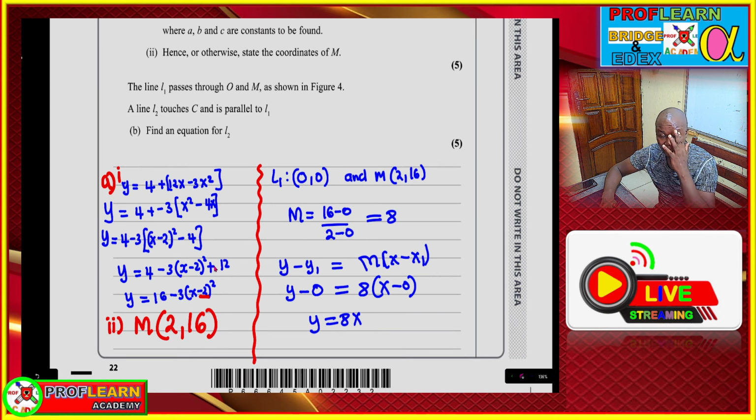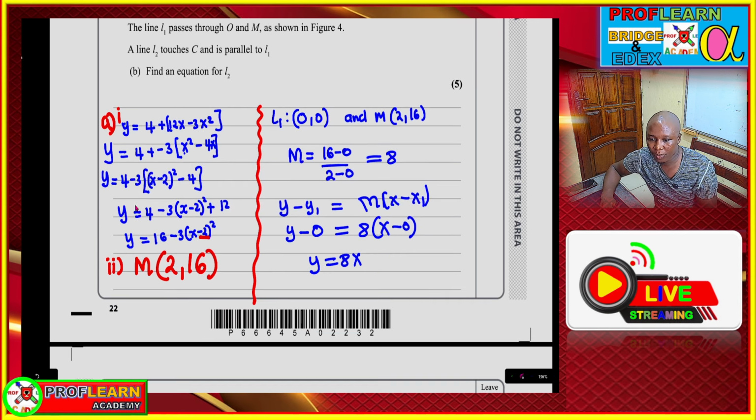Once you have factored that out, you'll be comfortably dealing with positive x squared inside the bracket. Then you take x, but half of 4 will be 2. You close the bracket squared, then you subtract the square of 2. The square of what's inside the brackets, you subtract it. Even if it was positive here, we will again subtract. Always just understand it that way. Then next, we are going to say 4 minus 3 times whatever we have here, we get this.